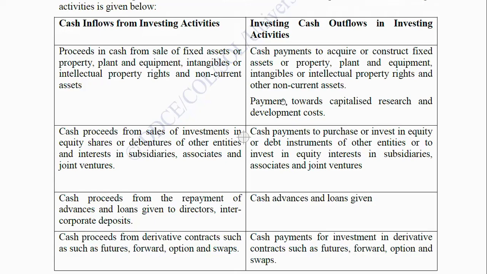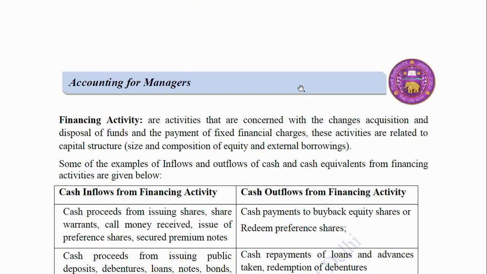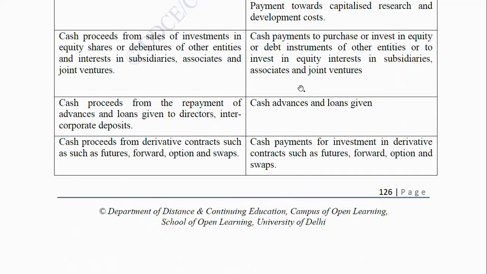Cash payments to purchase or invest in equity or debt instruments of other entities or to invest in equity interests in subsidiaries, associates and joint ventures. Cash advances and loans given. Cash payments for investment in derivative contracts such as futures, forward options and swaps.